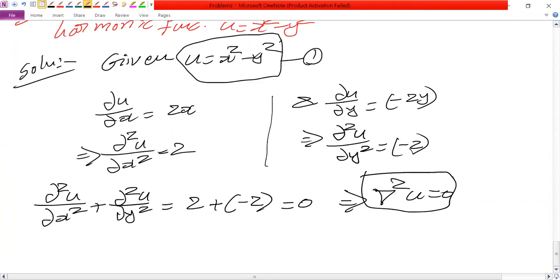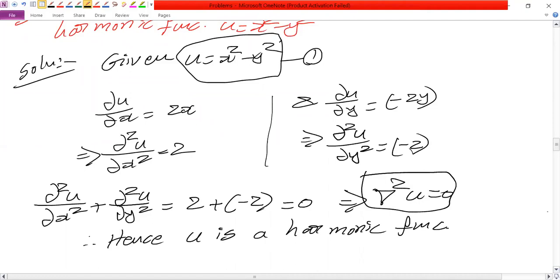If a function u satisfies dou square u by dou x square plus dou square u by dou y square equals 0, then by the definition of harmonic function, we can say that hence u is a harmonic function.